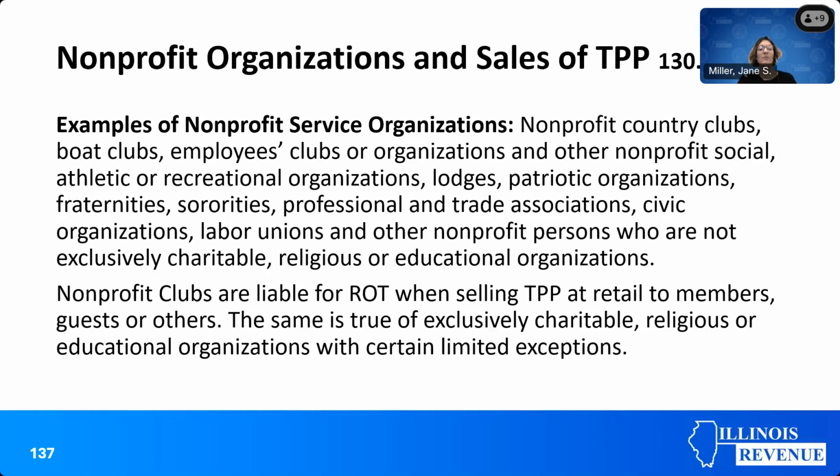Nonprofit clubs are liable for retailers' occupation tax when selling tangible personal property at retail to members, guests, or others. The same is true of exclusively charitable, religious, or educational organizations with certain limited exceptions.